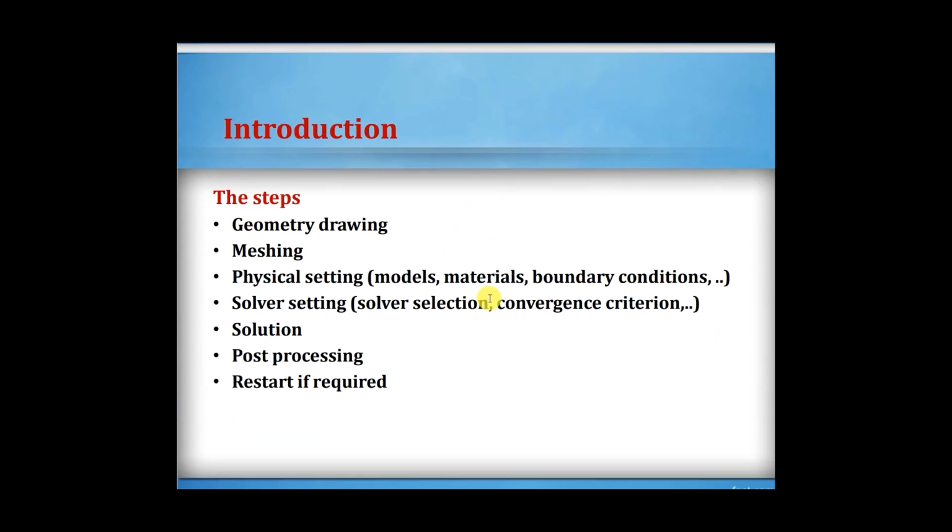The other is physical setting. Sometimes your model is transient, sometimes it's steady. As you know, a steady flow is, for example, imagine a pipe transferring water from one place to another in your home.